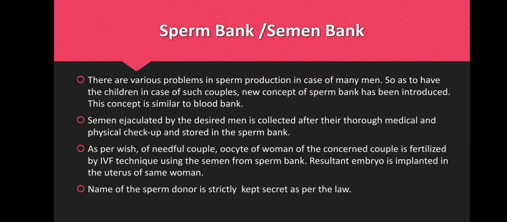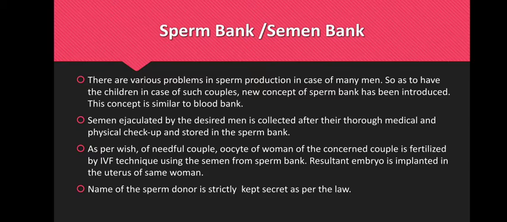As we already talked about, males can have problems of low sperm counts, anomalies in the sperm, or the sperm movement is not proper. So in such cases we have introduced a sperm bank or semen bank, right? Now this is just like a blood bank where if you need blood you go and collect blood from the blood bank.